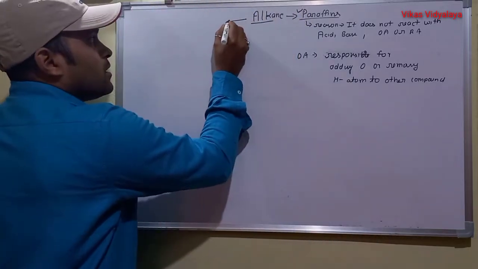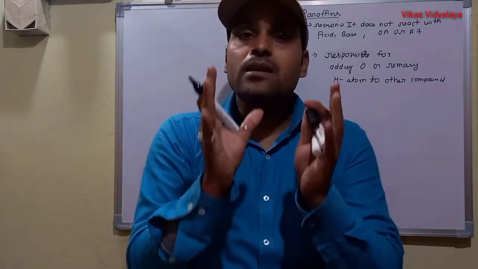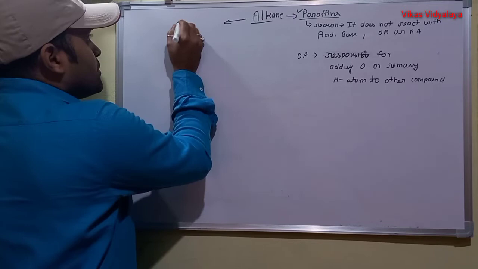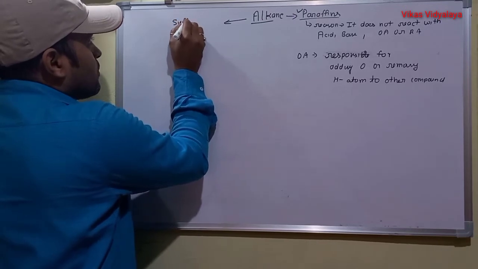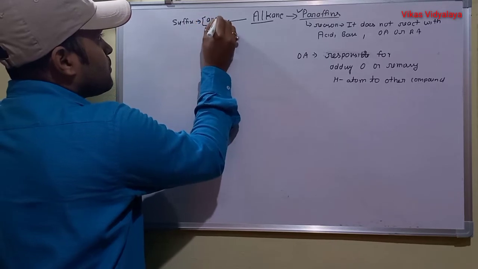Now we will discuss why we call it alkane. Alkane is a group of hydrocarbon, carbon and hydrogen, in which the suffix will be ane. Remember it.